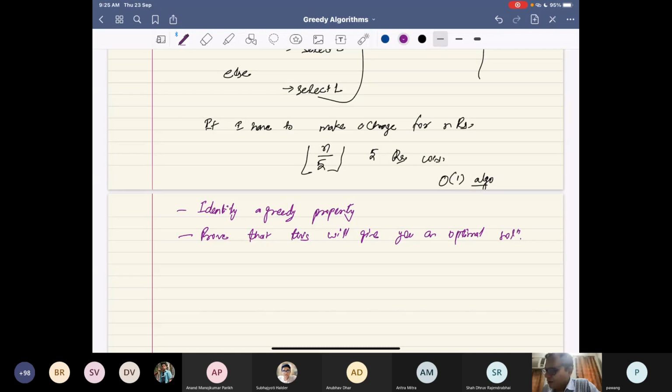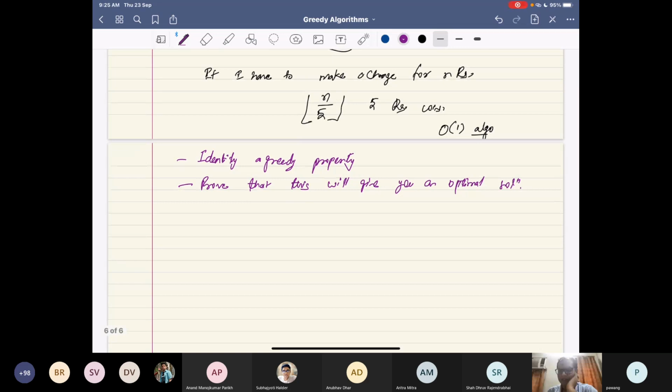So suppose now I have taken this greedy property and we sort of agree that this will give me an optimal solution. Now the next question is, fine, we agree, but can we prove that? How would the proof work? How will I go about proving this?